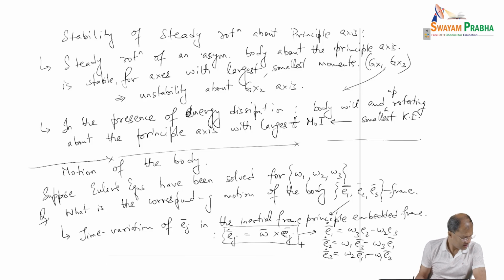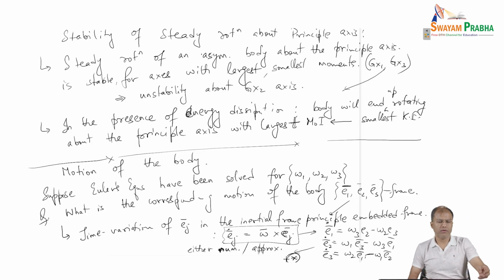We can solve this set of equations either numerically or approximately. We call this my equation set star. So the free motion of the asymmetric body will be described by these equations, which are the standard equations of motion of the principal embedded frame.